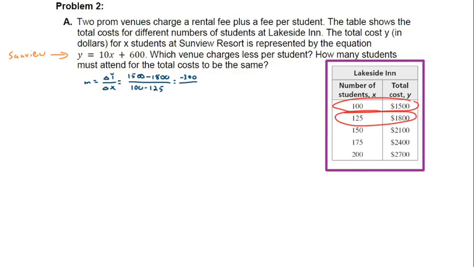And 100 minus 125 is negative 25, and 300 divided by 25 is positive 12. So the slope for this is positive 12. So this has 12 per student. This one has 10 per student.